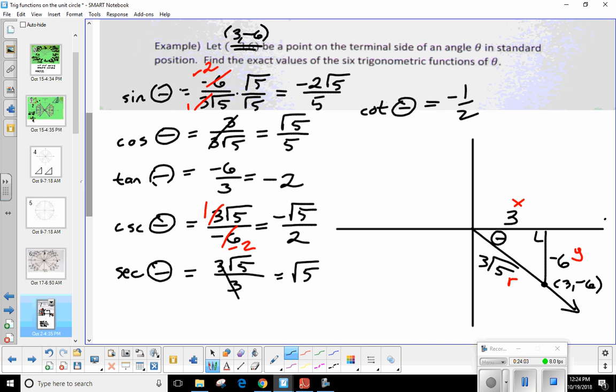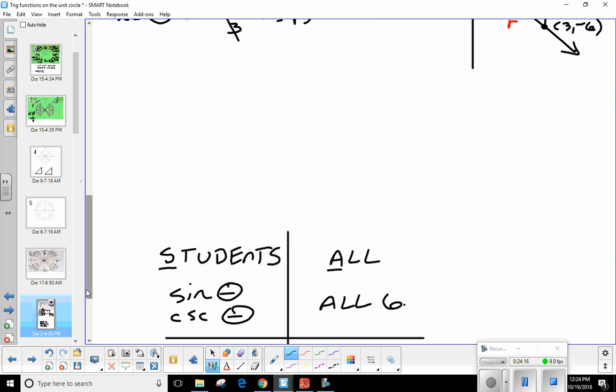Okay, Brandon, what can I do? How do I reduce? Like on which one? Okay, so let me write it out again. We had -6 over 3 square root of 5. Well, both the 3 and the 6, they're divisible by what?